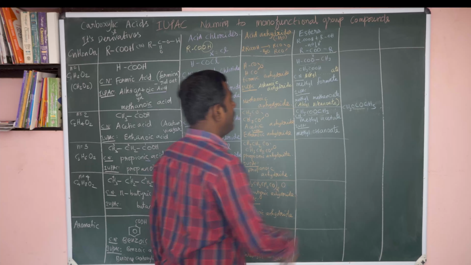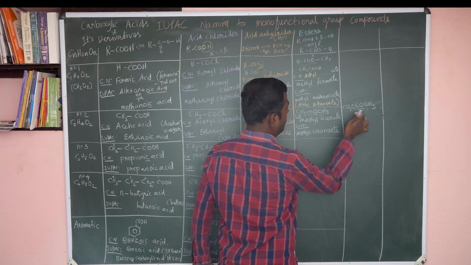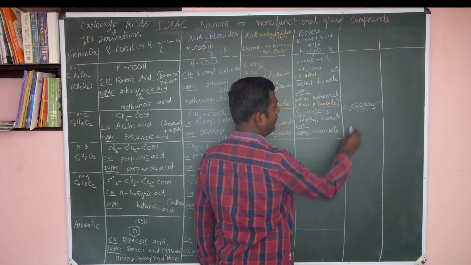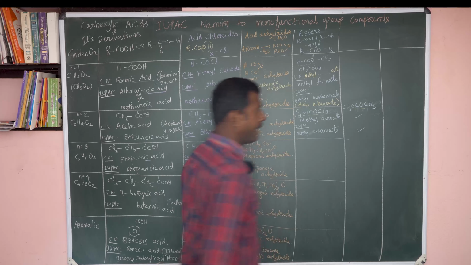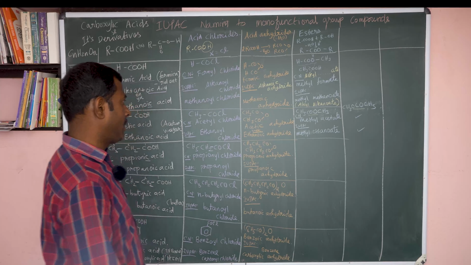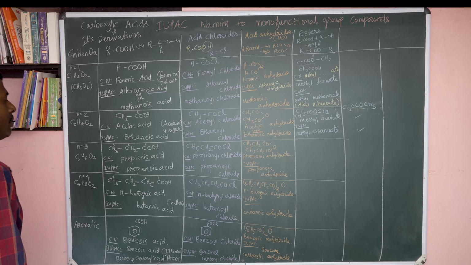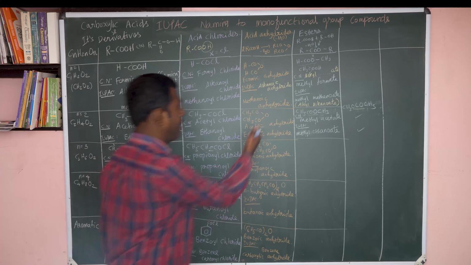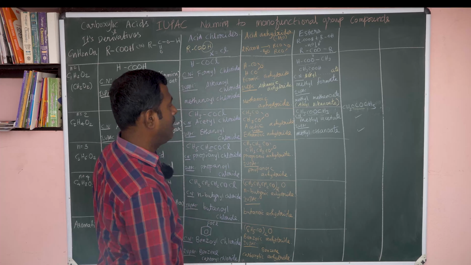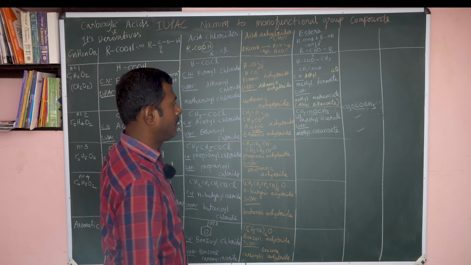For this also, methyl acetate and methyl ethanoate are identical. Like this we can give IUPAC names to other esters also.